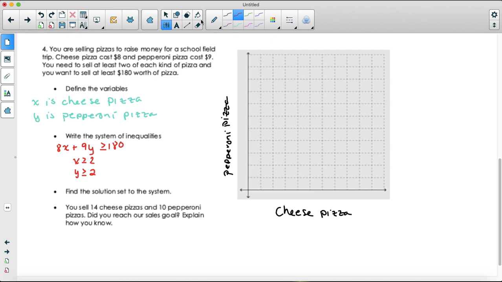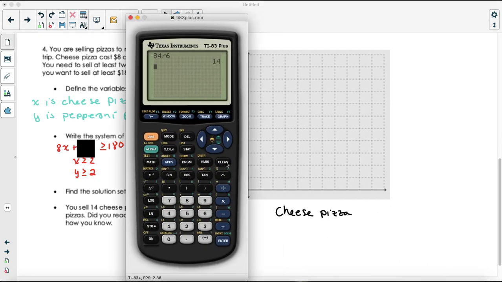Let's determine what our largest X and Y have to be. So we already can see that the X and the Y have to at least go to 2. So where should our X go to? So we have 180 divided by 8. Our X's have to go up to at least 22.5.